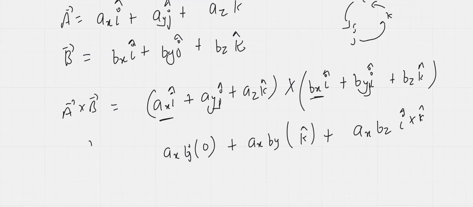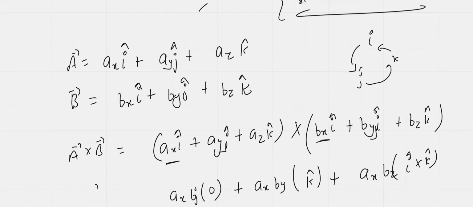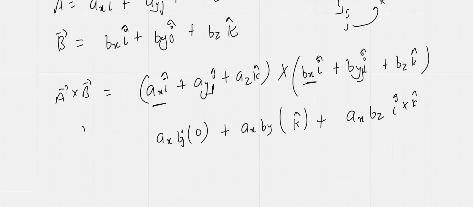If you see here, for i cross k I don't have a cycle. I have k cross i, but I am doing i cross k. So going this way, I'm supposed to get j, but I get minus. It gets reversed, so I will put minus j.